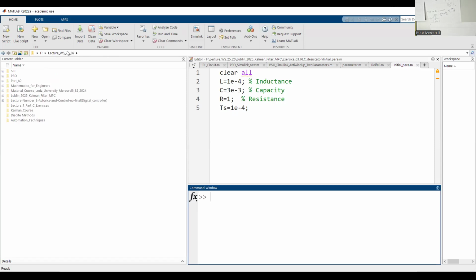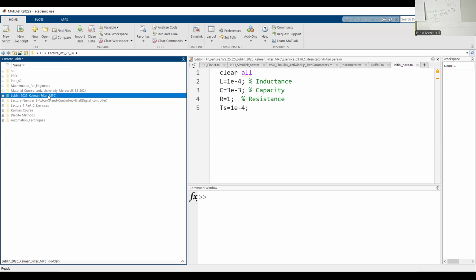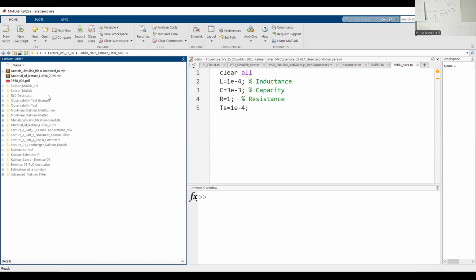Okay. Let me see, let me share, let me move. I think this material, one of this.